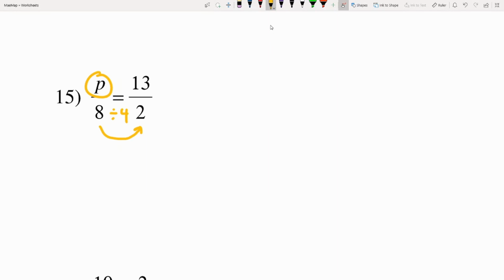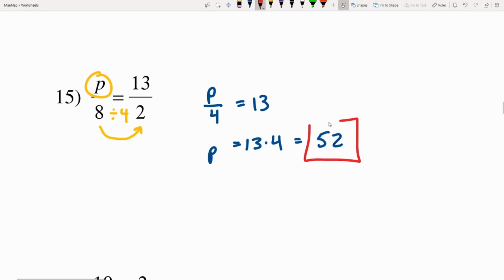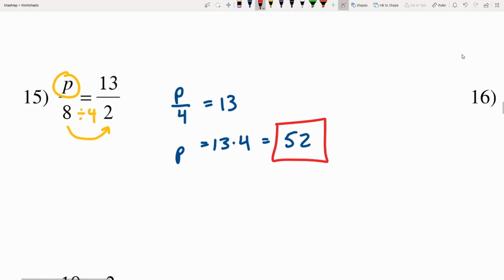So I know that p divided by 4, or p over 4, since I prefer to write it as a fraction, is going to be equal to 13. So we just have to figure out what divided by 4 equals 13. In order to do that, we'll just multiply 13 by 4. And 13 times 4 equals 52. So 52 is our solution in number 15.